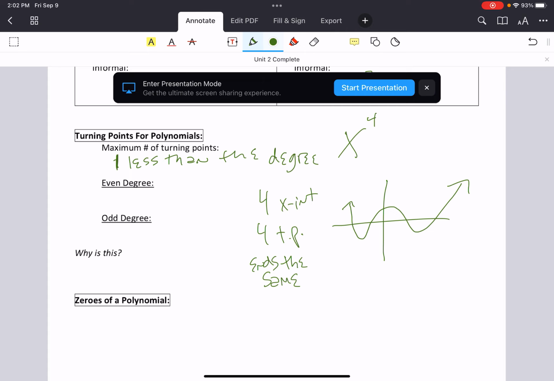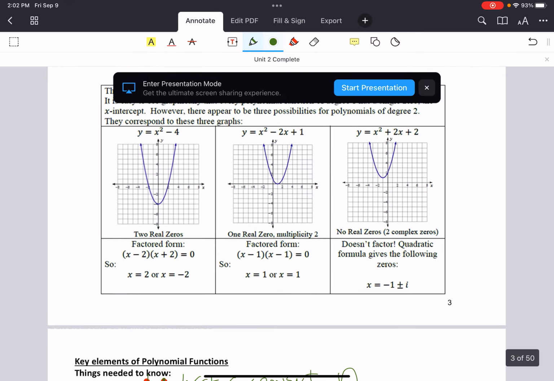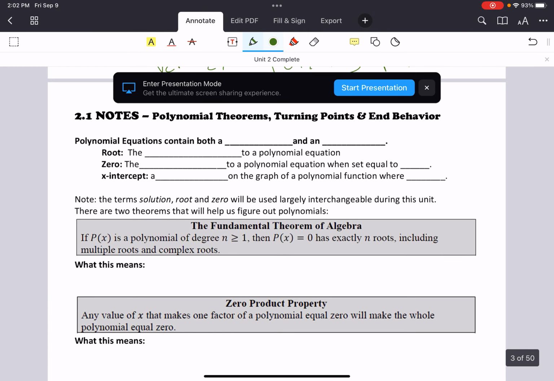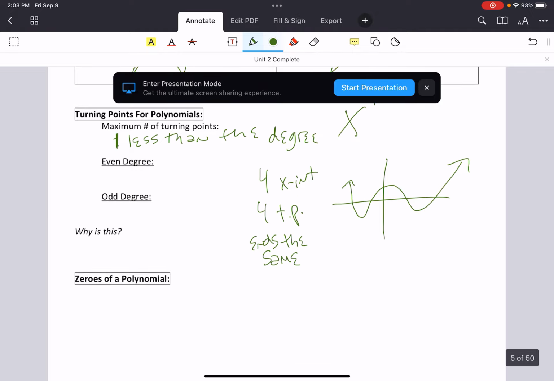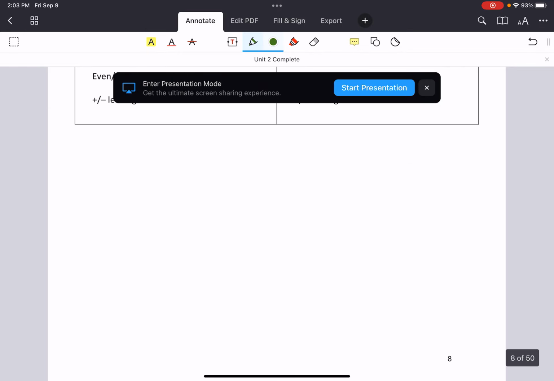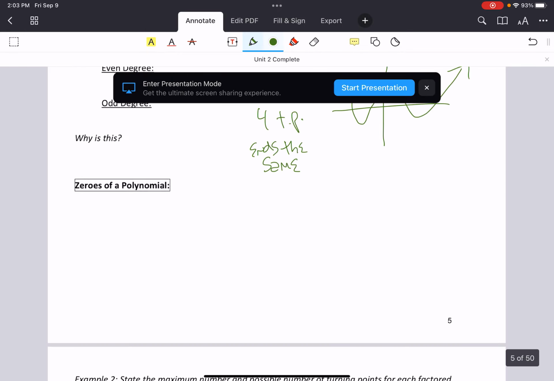What that means is it can have that many, but it won't always have that many turning points. Exactly. Look at this one here. This is a fourth degree with 4 distinct x-intercepts. Distinct means different. But we graphed one here that only had 1, right? So the main rule is that that is the most possible amount we could have.